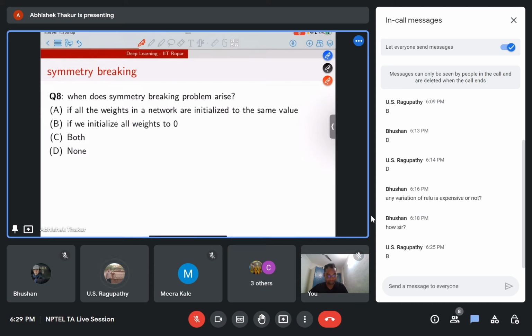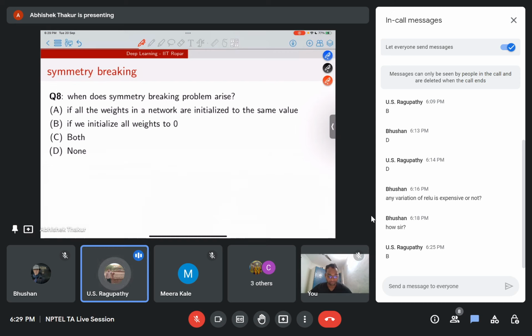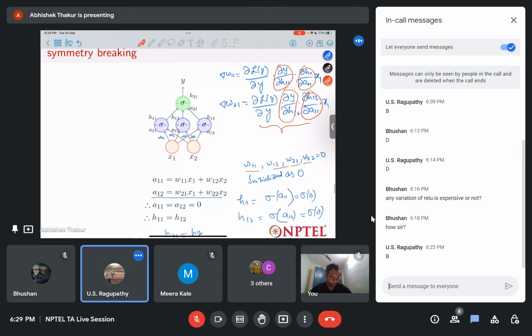So sir, this means the same holds for zero or for any equal value. Suppose we assume all weights equal to 0.5, the symmetry problem will still occur? Yes, correct.